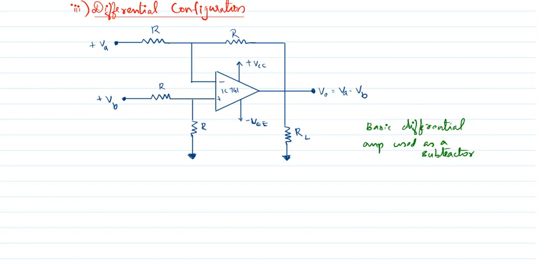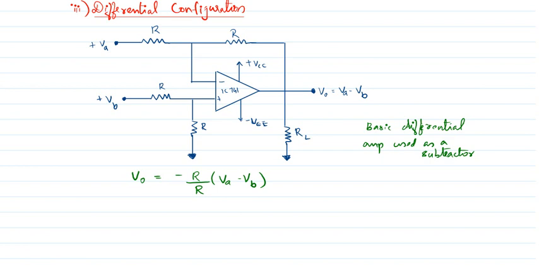So we can say the output of this circuit will be V0 equal to minus R by R times (VA minus VB). If this resistance is Rf, we can write it as minus Rf by R into (VA minus VB).